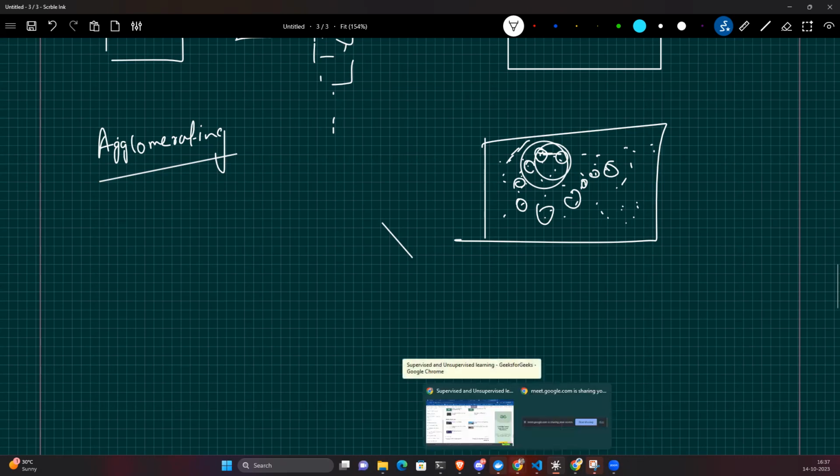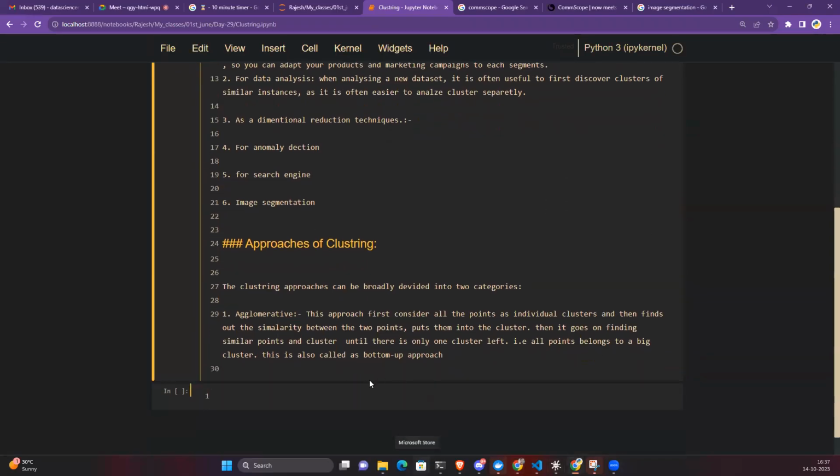In that case the similarity coefficient will be low, but we will still merge these into the single cluster. All the data points should be merged into one cluster. That point is what we have written here: until there is only one cluster left, that is, all points belong to a big cluster. This is also called the bottom-up approach.